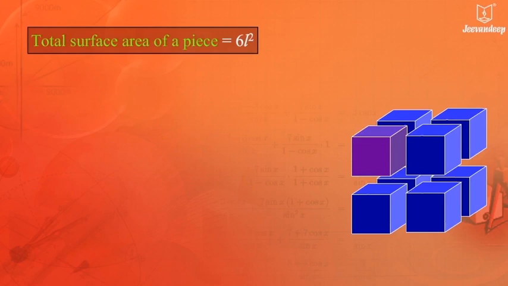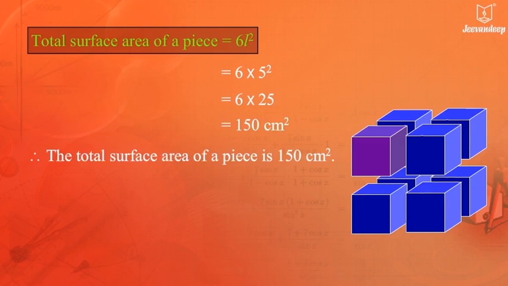Total surface area of a piece is equal to 6L square, which is 6 multiplied by 5 square, equal to 6 multiplied by 25, equal to 150 centimeters square. Therefore, the total surface area of a piece is 150 centimeters square.